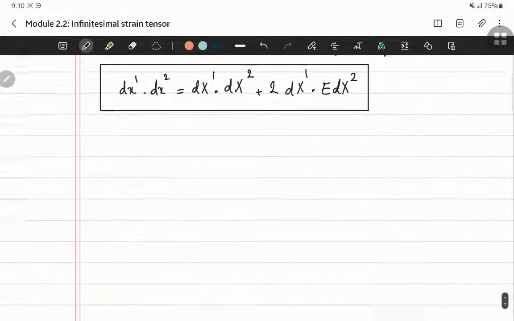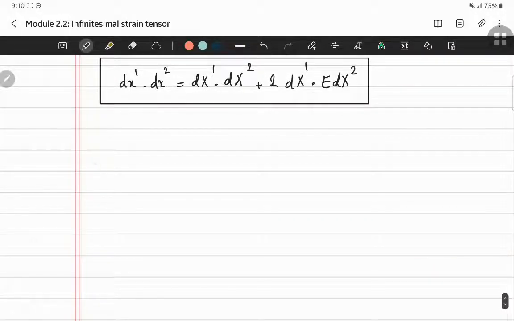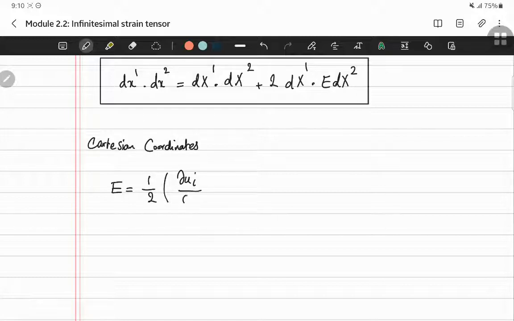So if I write this, for example, in Cartesian coordinate system, if you remember from your mechanics of materials, we had the partial derivative of ui with respect to xj plus uj with respect to xi.